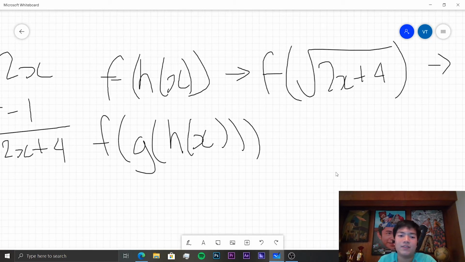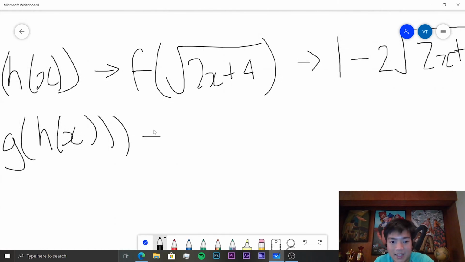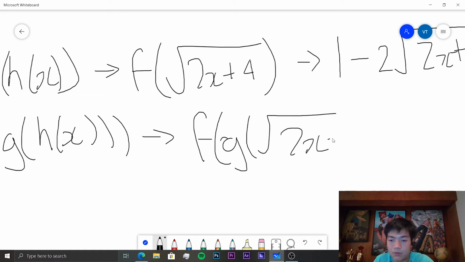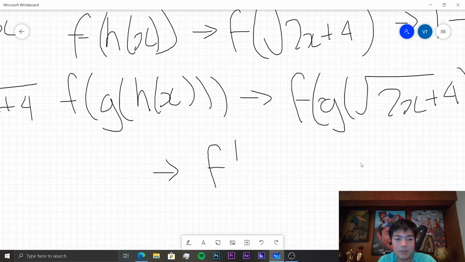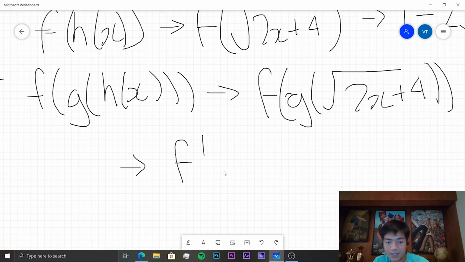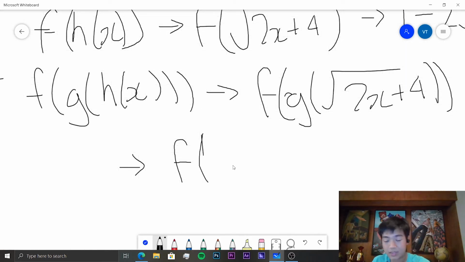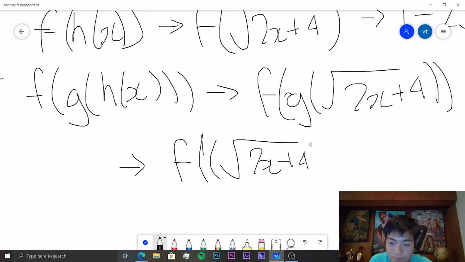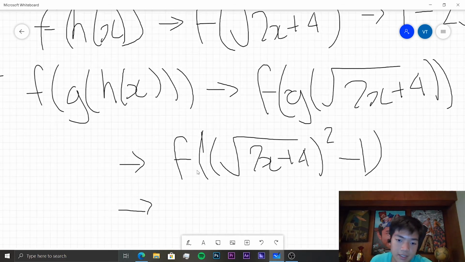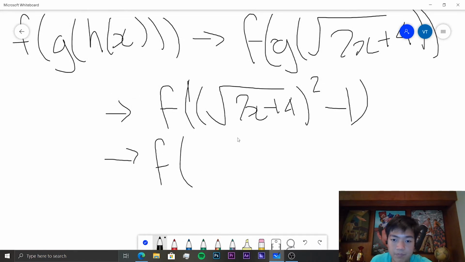Now what's fgh of x? Well, this is going to be a bit complicated. Again, this is going to be f of g of the square root of 2x plus 4, which is equal to f of, well, g is x squared minus 1, so this will actually be equal to f of the square root of 2x plus 4 squared, which cancels out, minus 1, which is equal to 2x plus 4 minus 1, 2x plus 3.